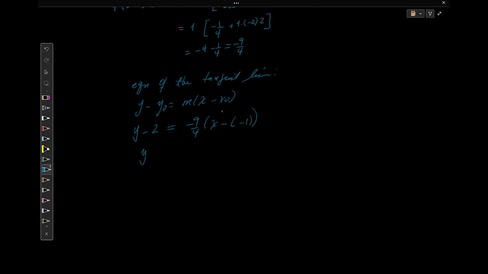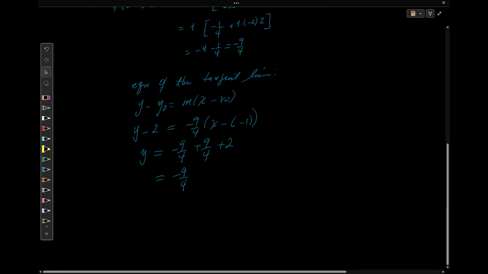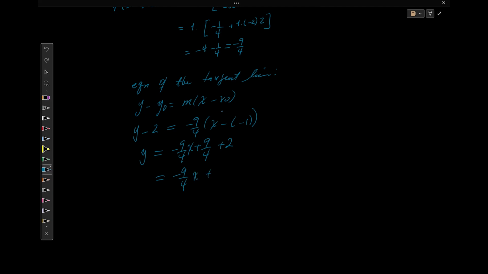So y equals negative 9/4. Here I have plus 1, so plus 9/4 and plus 2. So negative 9/4, here we have plus 9/4 x. Plus, this is 8 plus 9 is 17/4.